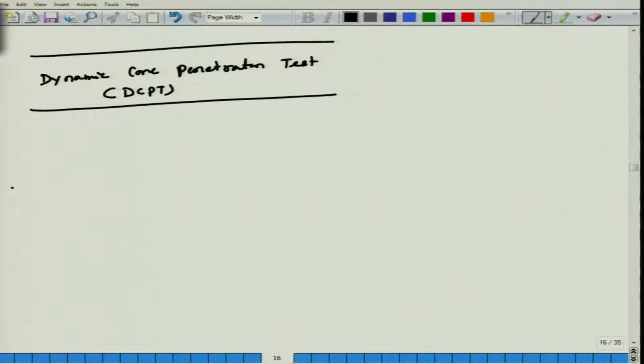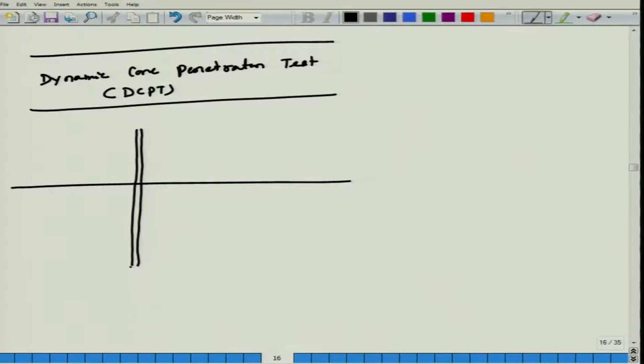What happens? There is a rod, and at the end there is a cone. This is called the drill rod, with a cone at the end, and generally a 65 kg hammer at a height of 75 centimeter.